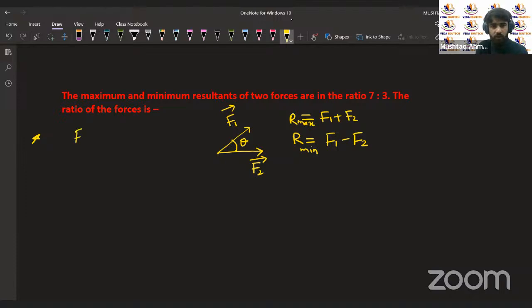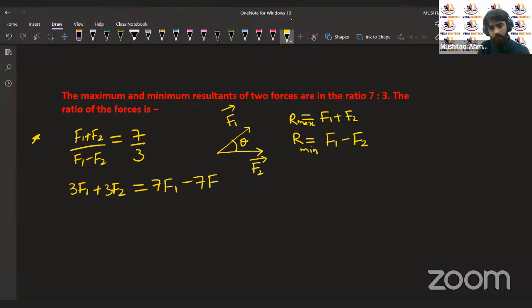So it's F1 plus F2 upon F1 minus F2. That's given as 7/3. We can just cross multiply this. So we get 3F1 plus 3F2 equal to 7 times F1 minus 7F2.